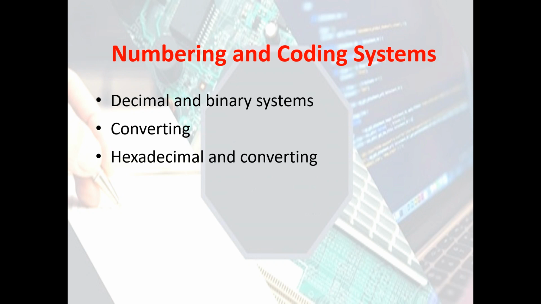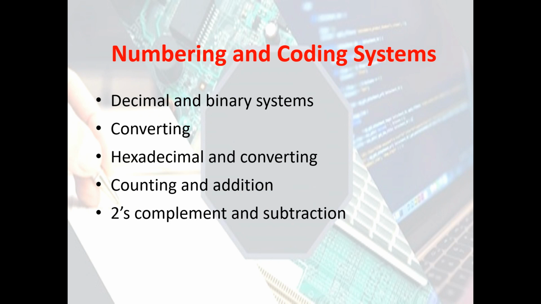Efficient coding systems enable concise expression of complex instructions and data, optimizing memory usage and processing speed. Without these standardized systems, the intricate tasks executed by microprocessors, from arithmetic calculations to logical operations, would lack the systematic organization necessary for effective computation and communication in the digital world.